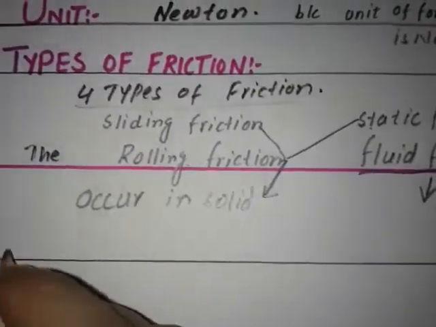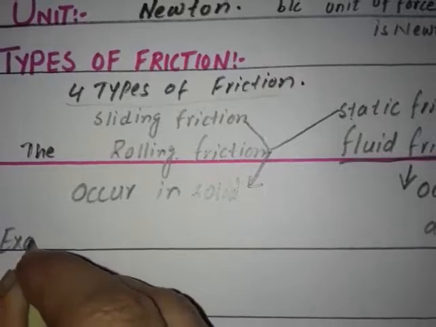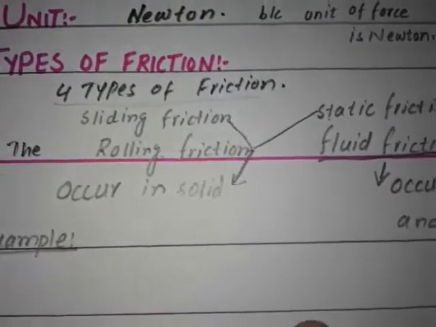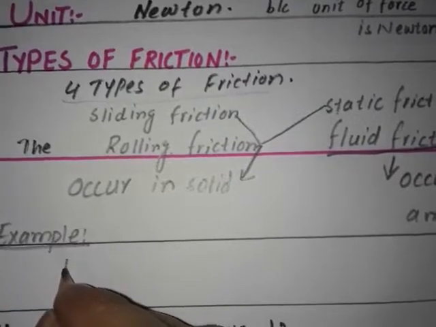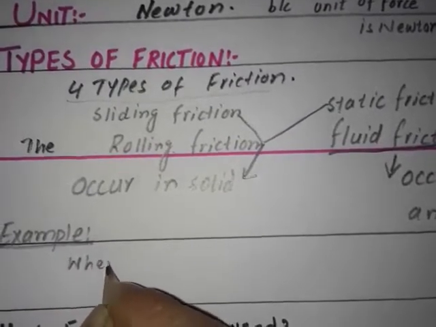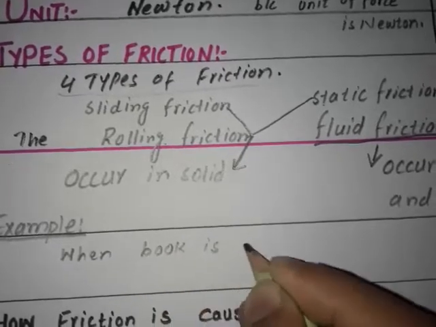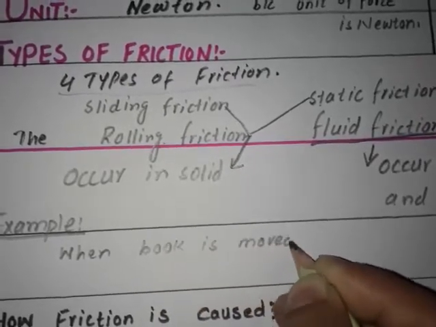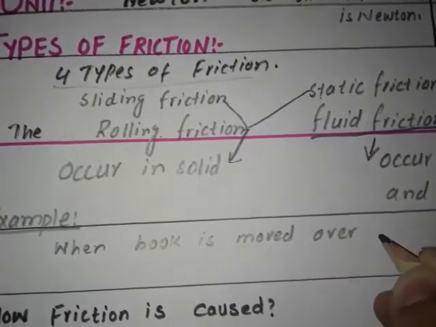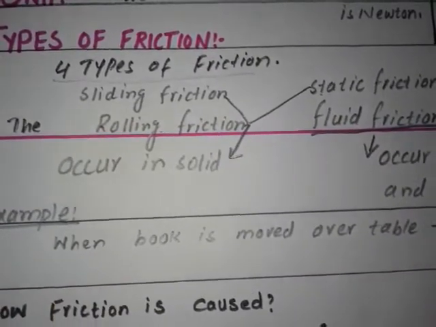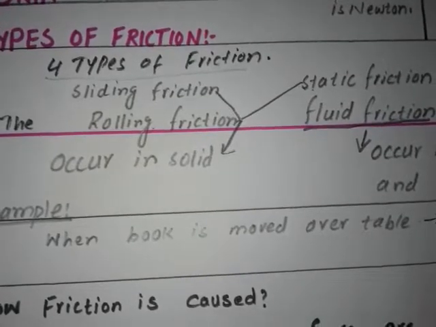An example of friction is when a book is moved over a table, this is sliding friction.